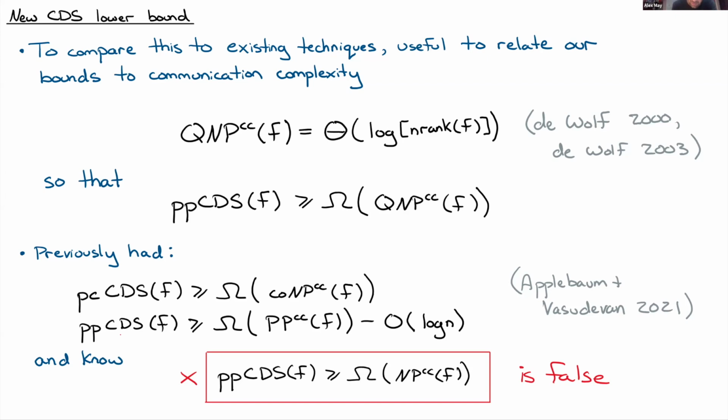And for perfectly private, they lower bound the communication cost in terms of the PPCC complexity of F. It's also known, or at least easy to show, that the perfectly private CDS is not lower bounded by NPCC. So what I'm showing here is false.